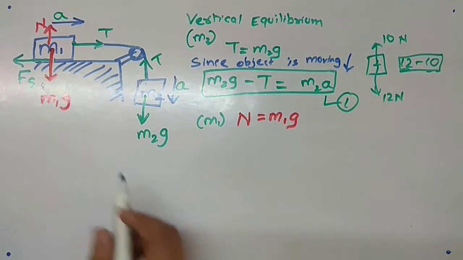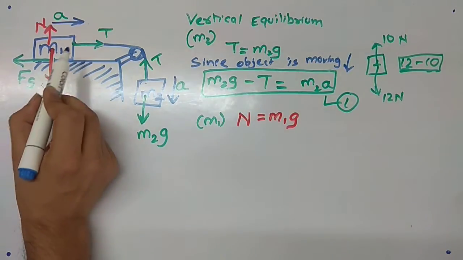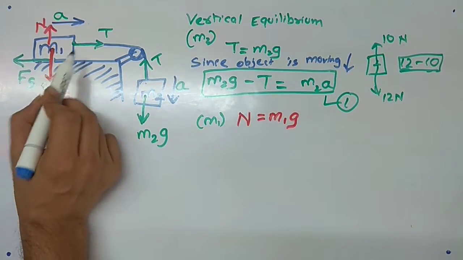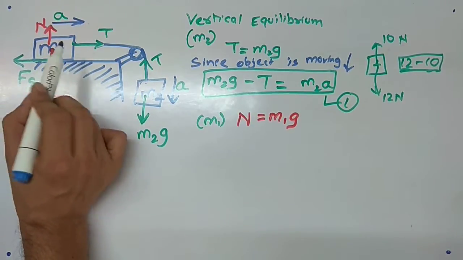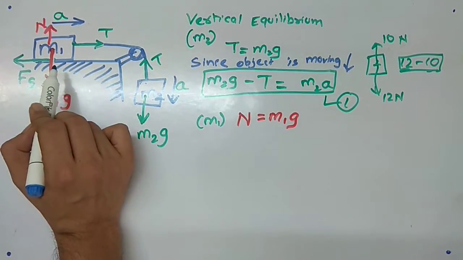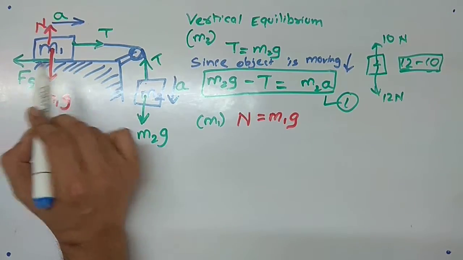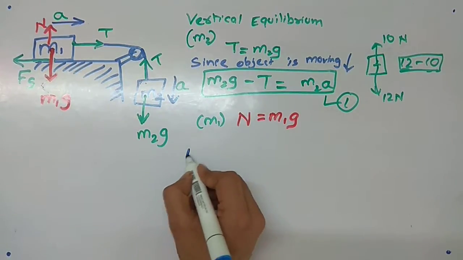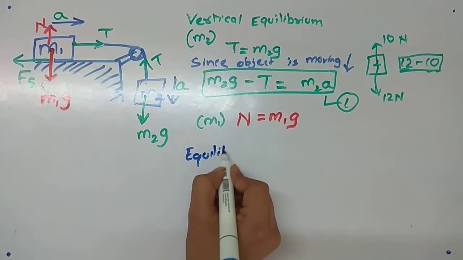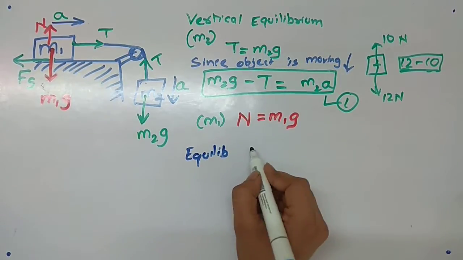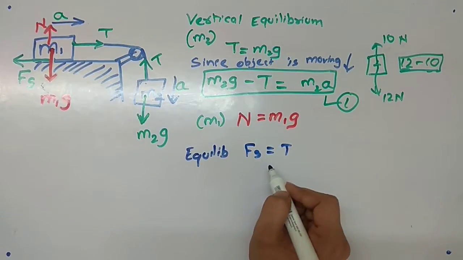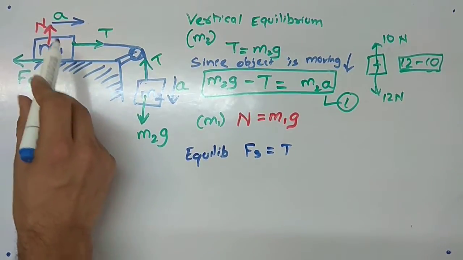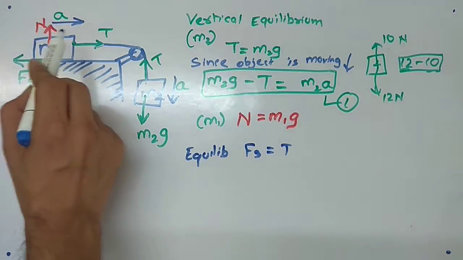Now we are considering the horizontal force over this mass m1. What are the horizontal forces acting here? Tension and this frictional force. For equilibrium, the backward force, that is Fs, should be equal to T. But now in the question it's given that this object is moving forward.